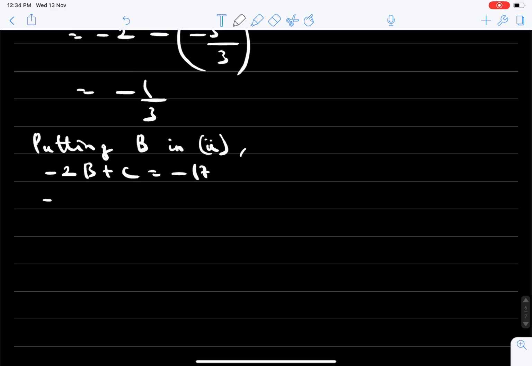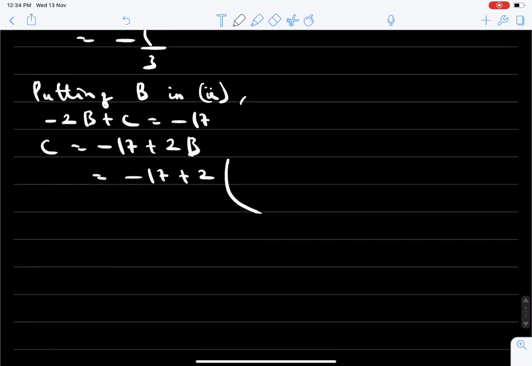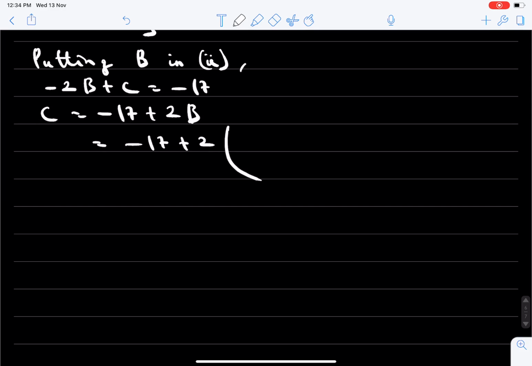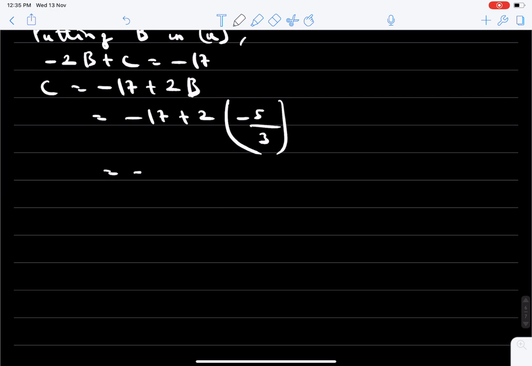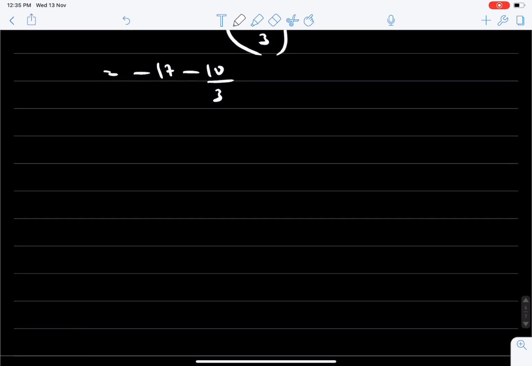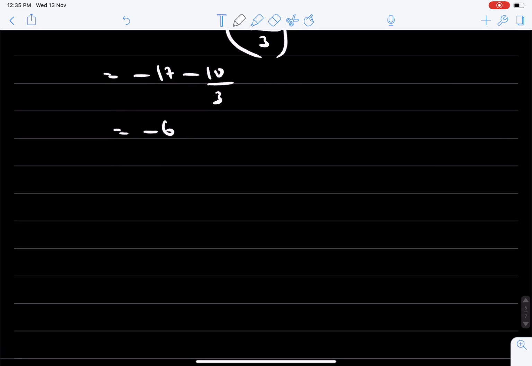And that means c equals minus 17 plus 2b, which simply means minus 17 plus 2 times b. What is b? Minus 5 over 3. And that means minus 17 minus 10 over 3, which is minus 61 over 3. That's c.